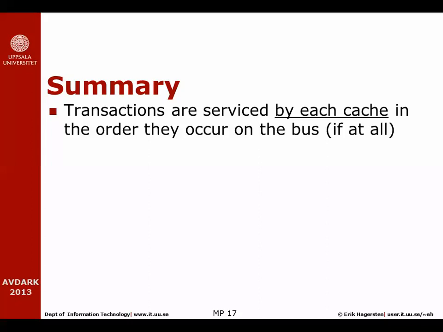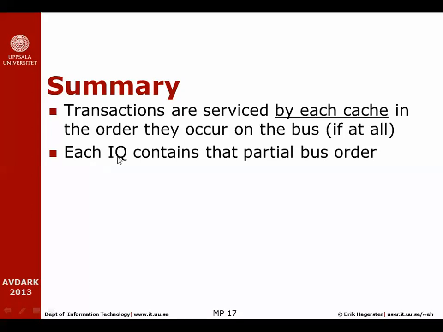Each Snoop coherence protocol that snoops above, looks in the Snoop tag, and selects only the address transactions that its cache cares about and puts them in the input queue. Each input queue will contain the partial bus order that it cares about, but it will not contradict the global order of all transactions on the bus.